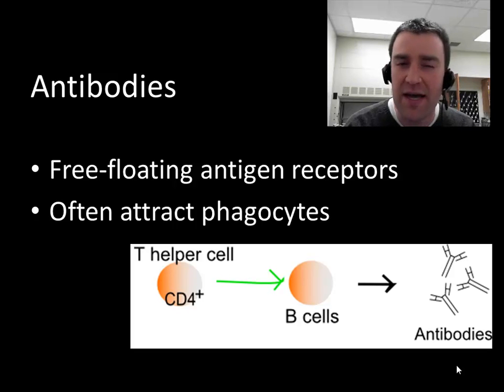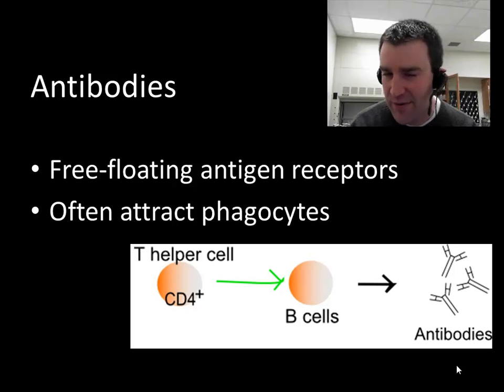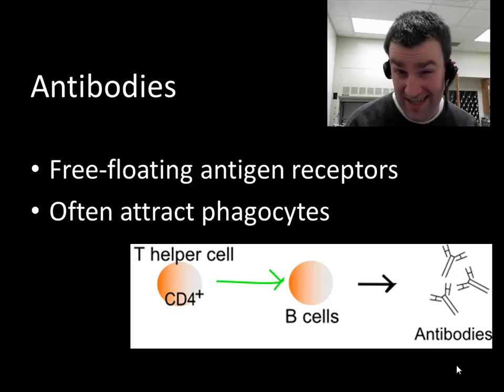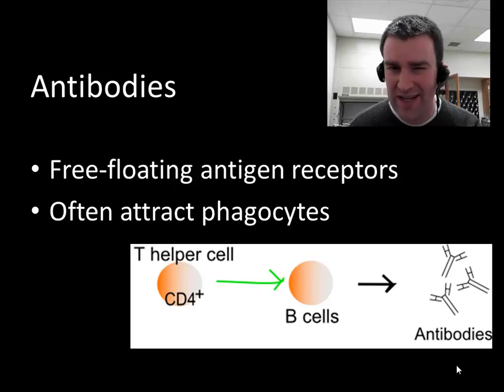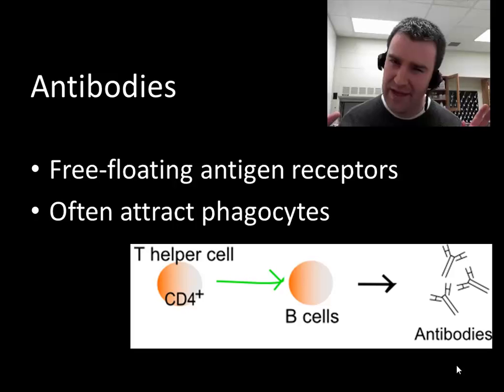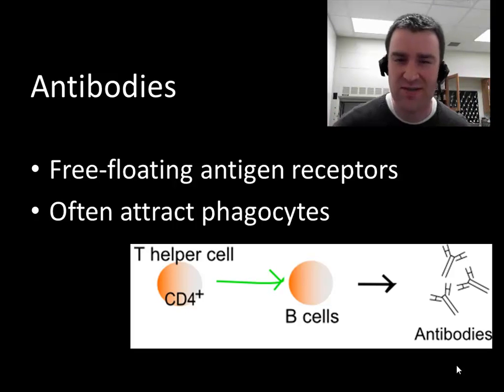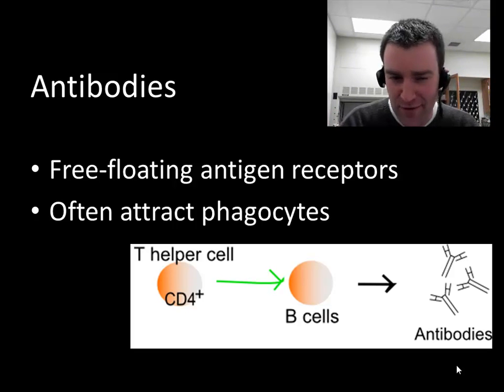Sometimes they might attract phagocytes that otherwise wouldn't know that they're there. Sometimes the antibodies directly attack the bad guy themselves and cause their destruction. Sometimes antibodies just effectively neutralize a bad guy so that it can't do what it wants to do to infect the body further.